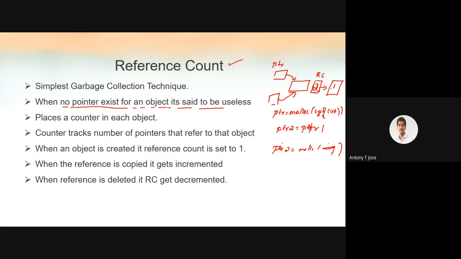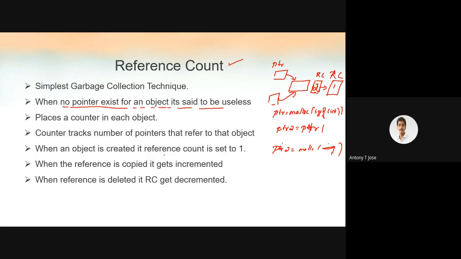The RC will get decremented. So when the reference is copied, RC gets incremented, and when the reference is removed, RC gets decremented. RC gives the number of live references of that object.